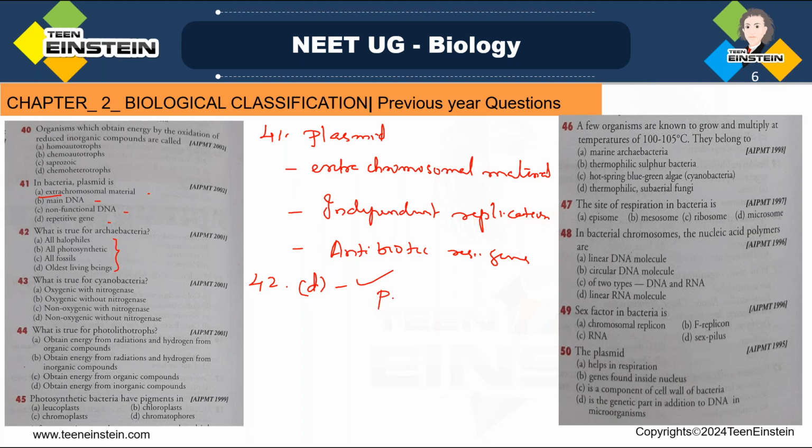Archaebacteria are primitive forms, that's why they are able to adjust in extreme conditions, and they represent the early forms of life. So archaebacteria are called the oldest living beings. So option D is correct. They are the most primitive form and able to adjust in extreme environmental conditions. Clear?